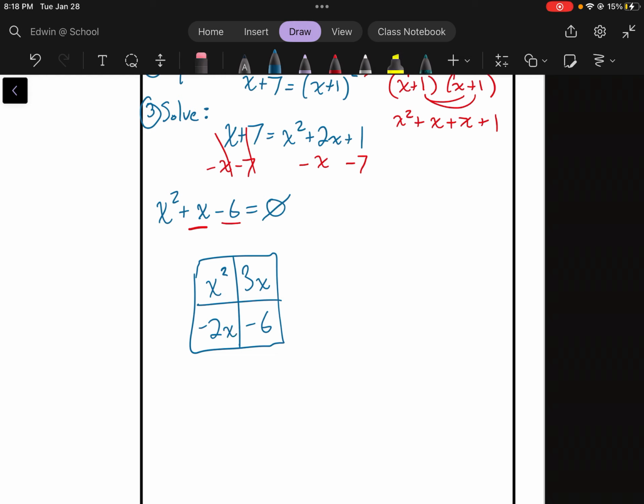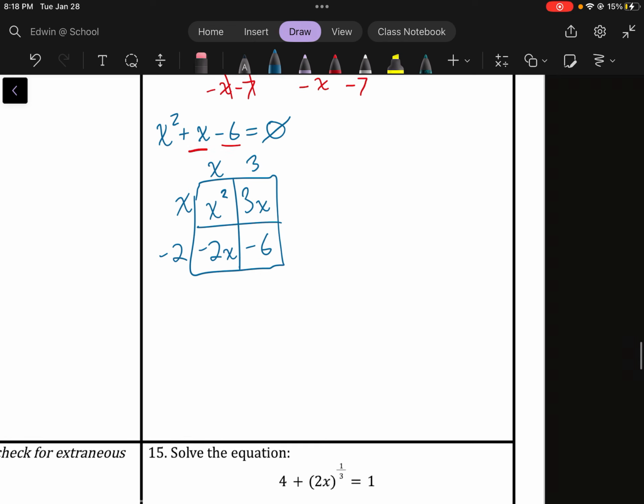But in this case, we got 3x and then negative 2x. From here, we have x and x in the first column. We could factor out an x in the first column and first row, and then in the second column we got a 3 and negative 2 in the second row, giving us x minus 2, x plus 3 equals 0.